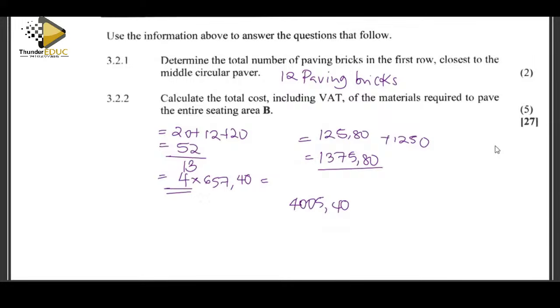This one here, 4 times 6, we have 2,629 rand 60 cents. Add these two, you end up having this much. But this we need to include VAT, 1,15.